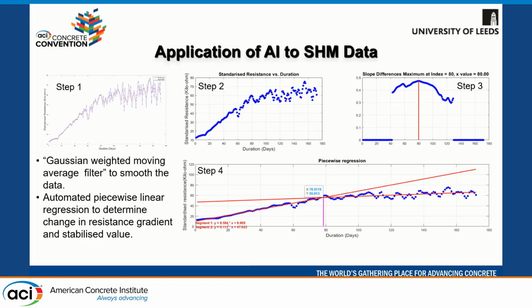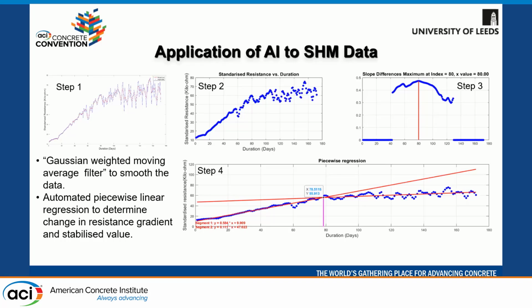The second step was to use an AI-based application similar to k-means clustering, which divides the total data into two segments and identifies the maximum slope difference from the data.